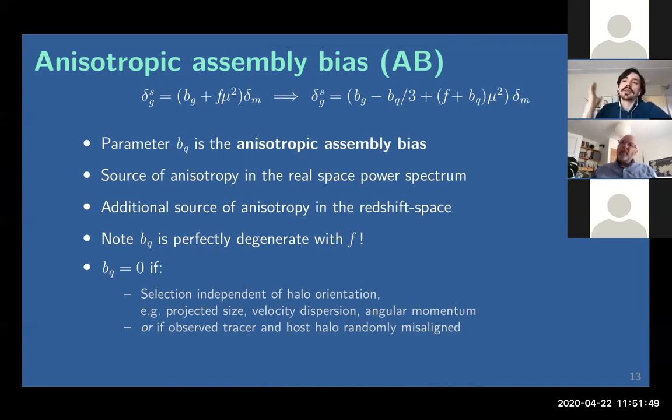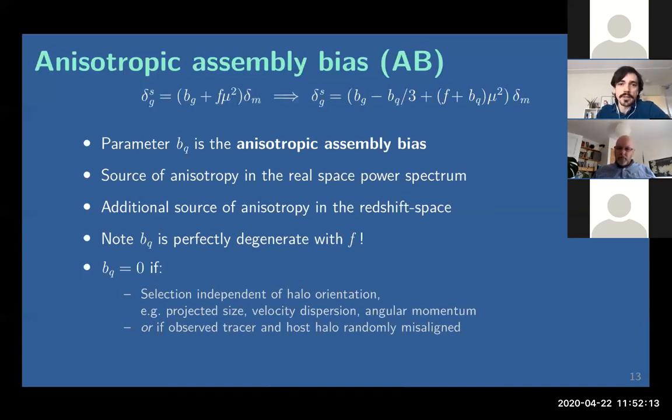So you basically need two effects to show up in order for this to be non-zero: you need to be orientation dependent, and you need to have your tracer aligned with the halo orientation.